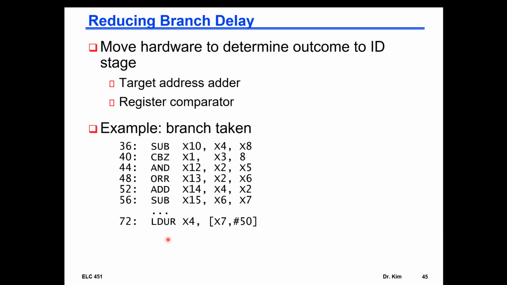And what that's going to require is that we have an adder to compute the target address, and also that we have a comparator for the register to see if it's 0. Okay? So in this case, if we move that, we can find out if this branch is taken.